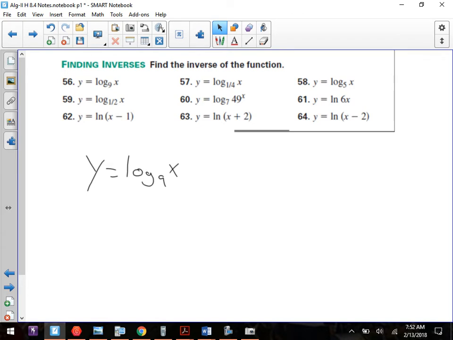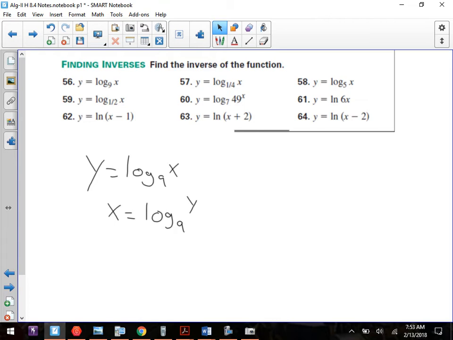When you're working with inverse properties, we've done it this way, right?